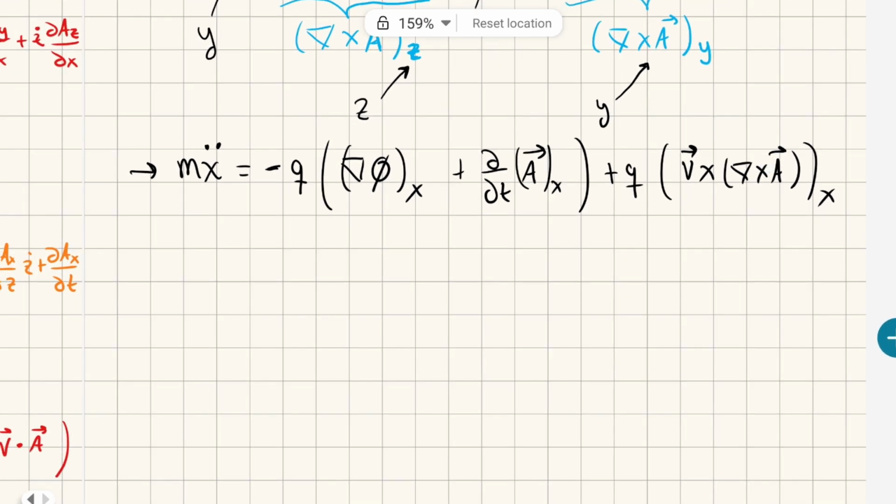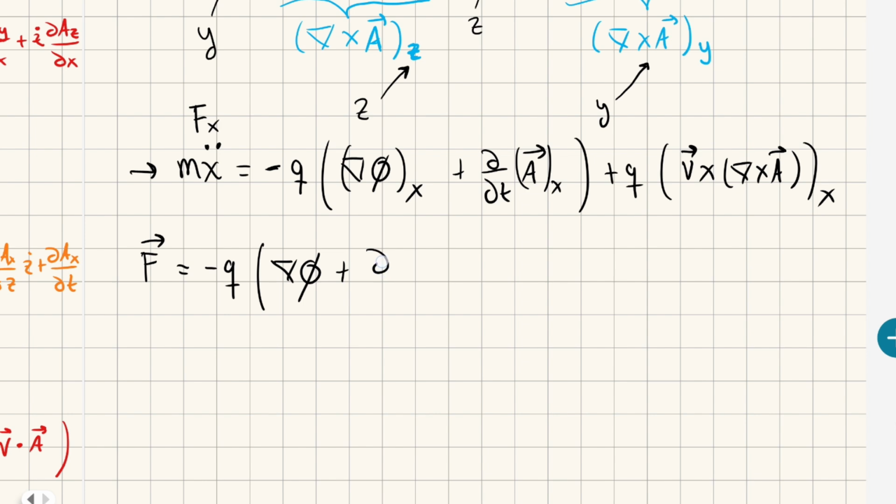If we want to generalize this, we get that for the three components, because here we have the x component of the force, but if we take the three components, then we get the total force F. And then here we will have minus Q, and then the gradient of phi plus the derivative with respect to time of A, and then plus Q times v cross the curl of A.